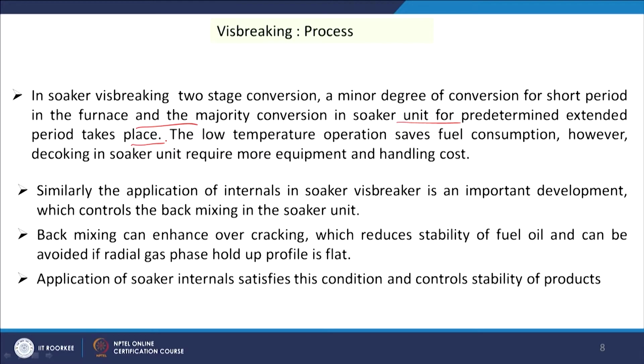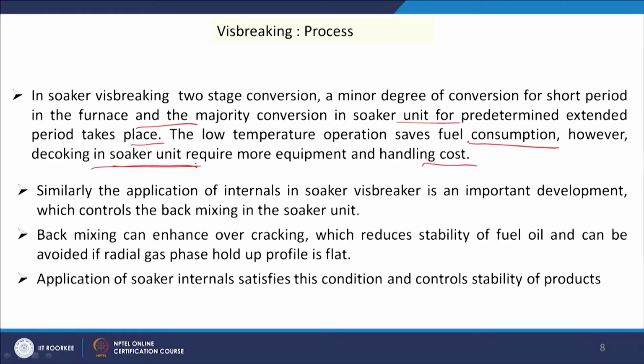As we are able to perform the conversion at lower temperature, we can save fuel consumption. However, decoking in the soaker unit requires more equipment and handling cost. So, one way we are using less energy, but we are also facing another problem: decoking in the soaker requires more equipment and handling cost.